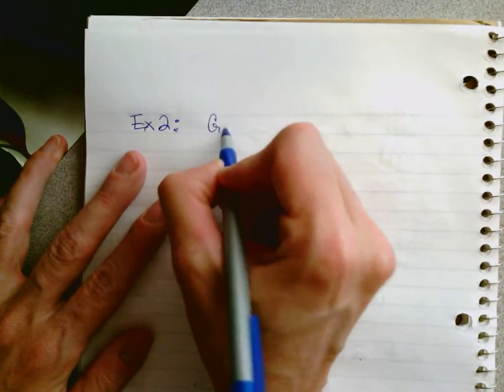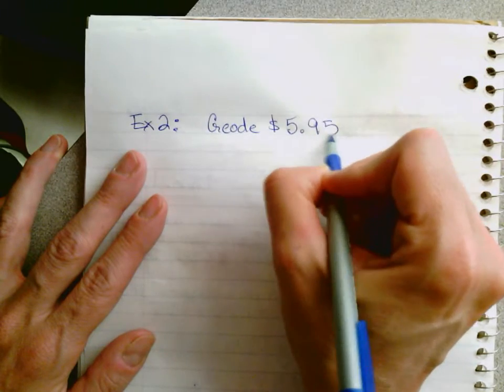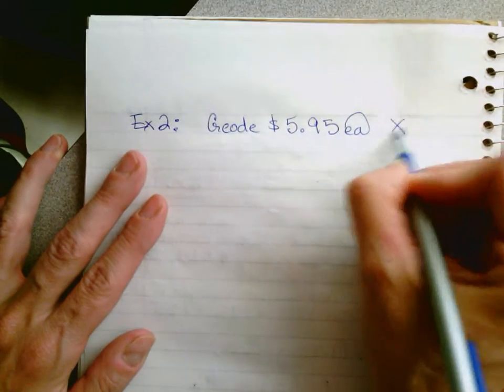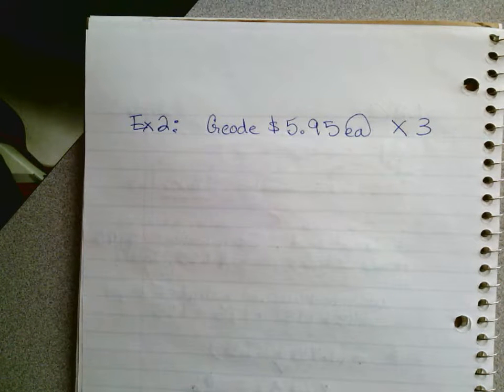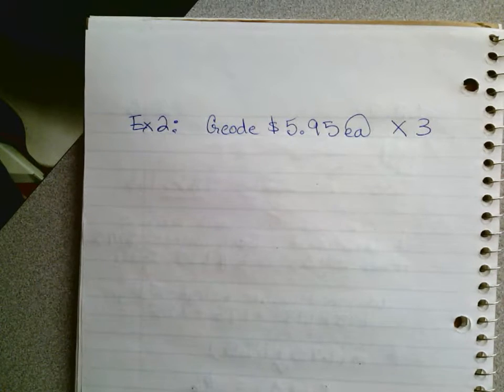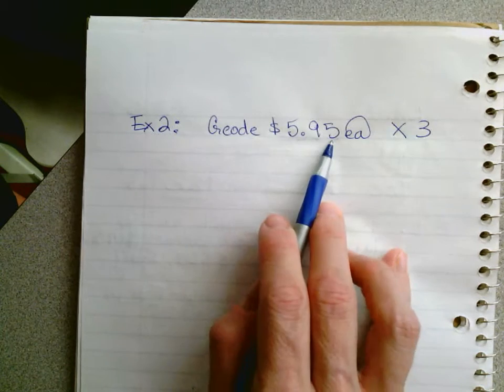So a geode costs $5.95 each, and you buy 3 of them. Use the distributive property and mental math to find out the cost. I don't know if you guys remember seeing this. I know it was somewhere in the red book.